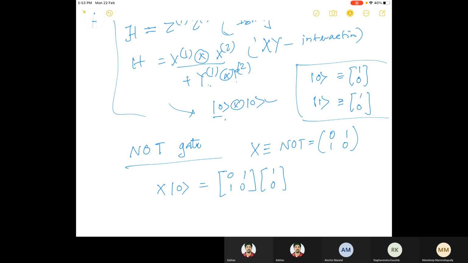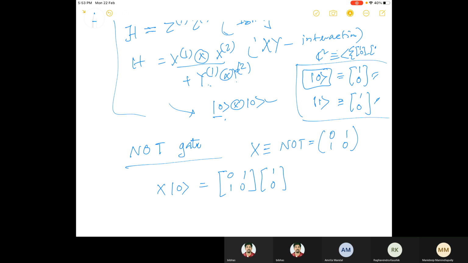This is just notational convenience, so don't get confused between the vectors and these labels. The first element in the basis is always 0. If you consider the space C square, it is spanned by the basis (1, 0) and (0, 1).